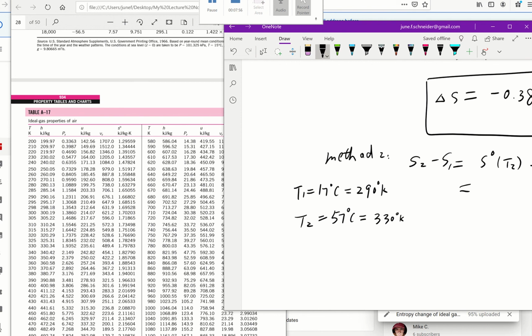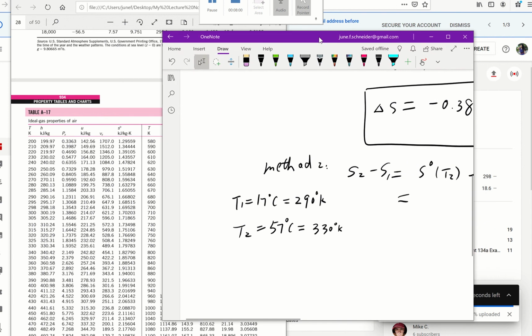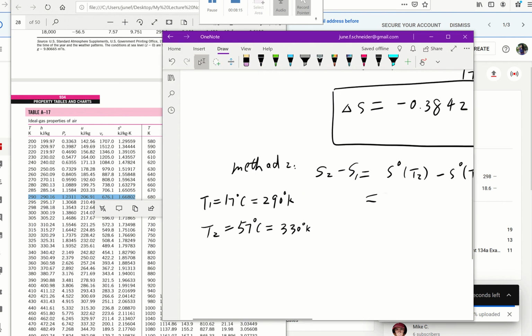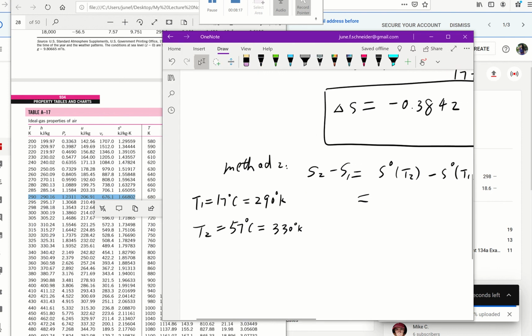Now let's see, in table A17, do we have an S0 column? Right, we do. And at 290, it's right here. Oh, I'm going to go find 330 first.